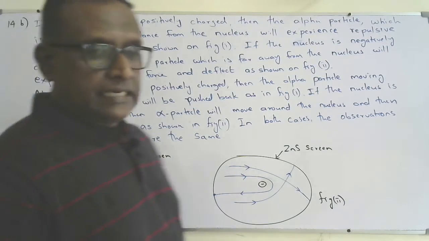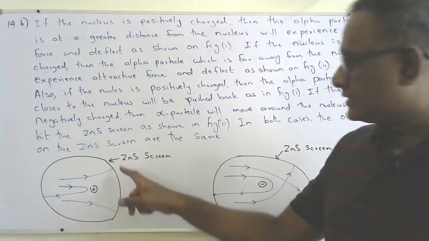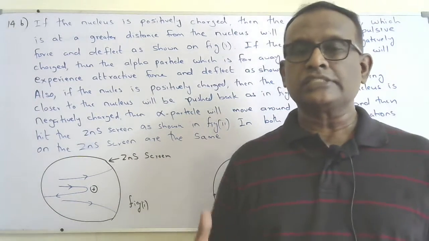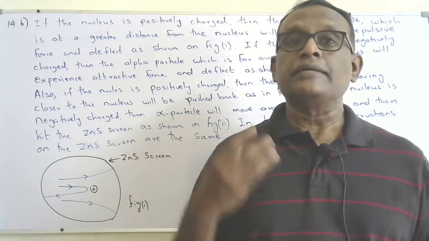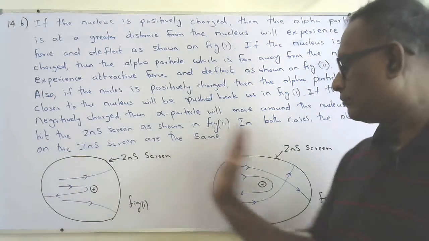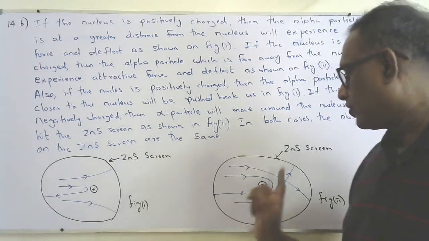This diagram clearly shows the observations are the same. As I told earlier, the conclusion is made based on the observation. So the observation will be the same whether the nucleus is positive or negative.